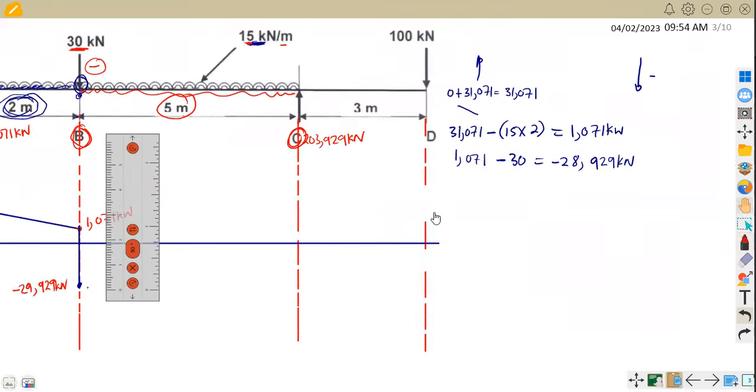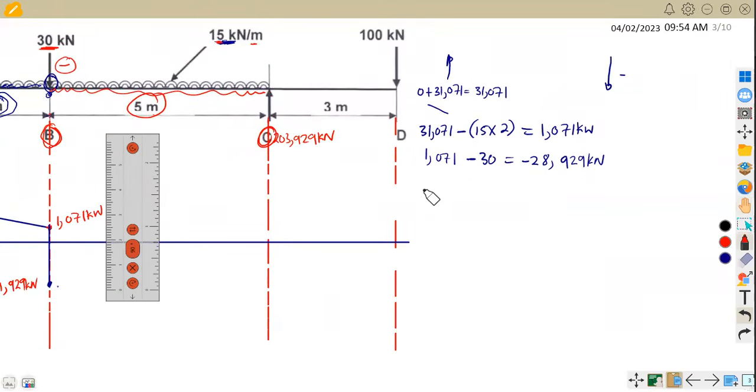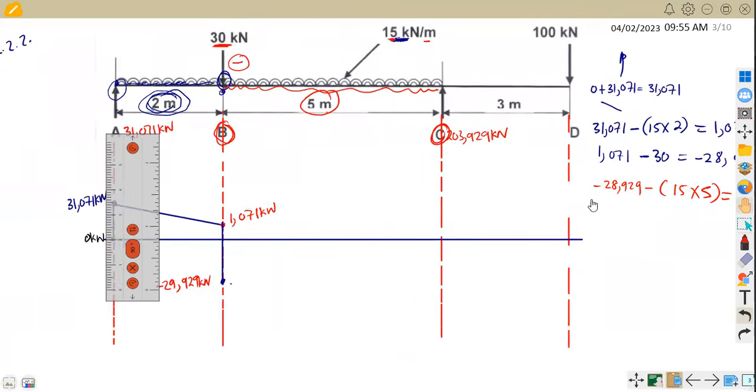All right, so this is going to be at negative 28.929 minus the 15 kilonewton per meter times the distance that is being affected for this portion, which is 5. This is going to be at negative 103.929 kilonewton. So that is what you're going to have.